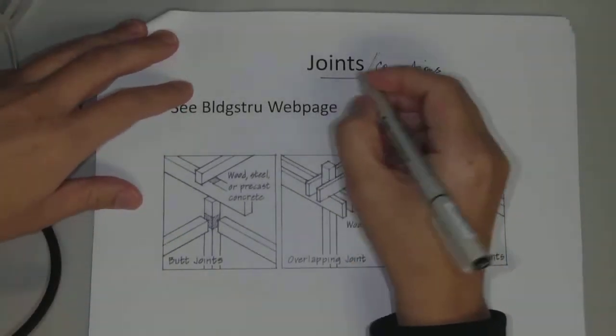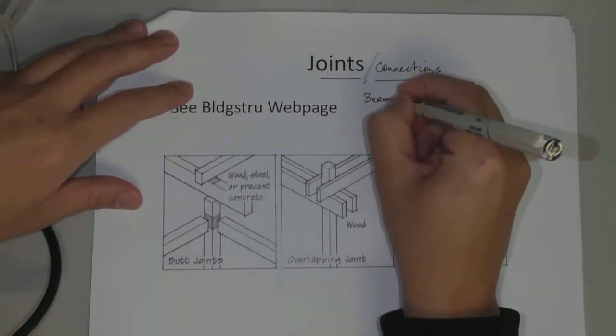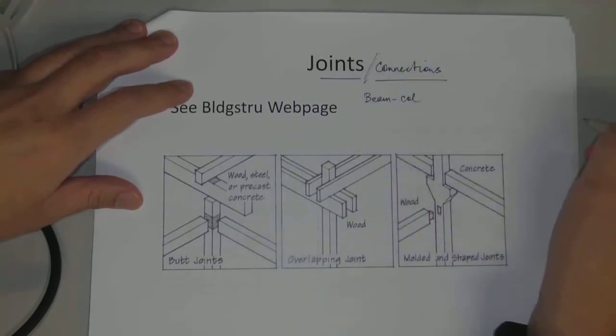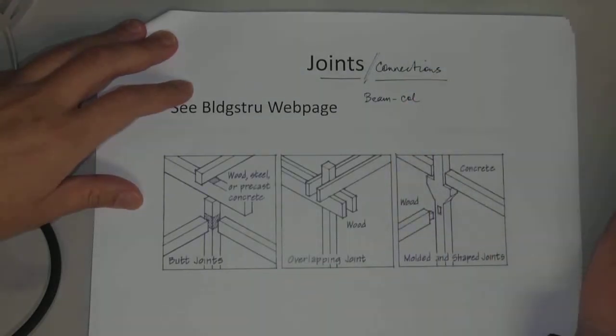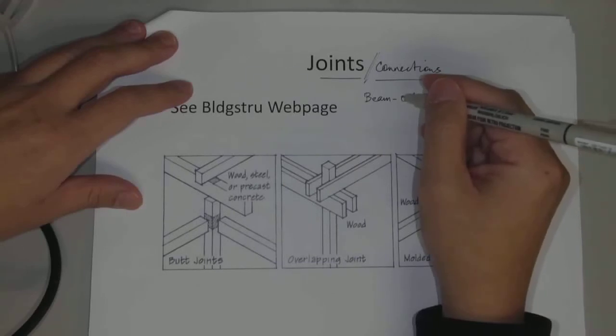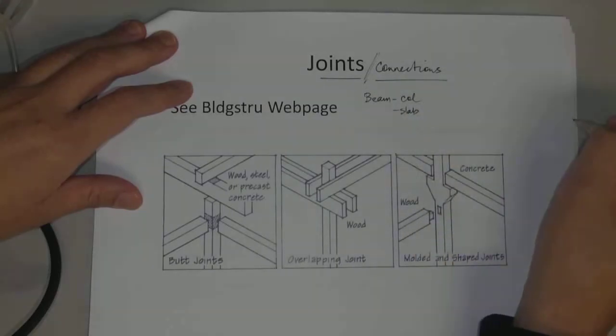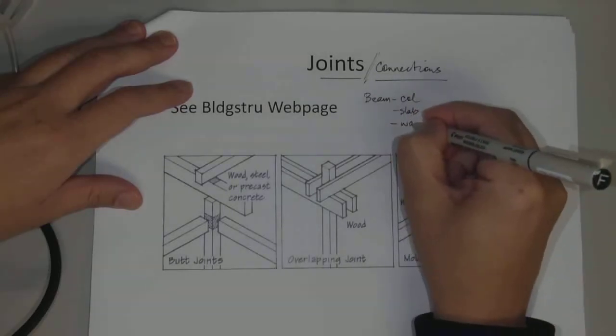So in a building, for example, what type of connections are we talking about? We can have beam column connections. Beams are connected to column, yes. Beams are also connected to wall or slab. So there are also beam slab connection. So there are also beam wall connection.